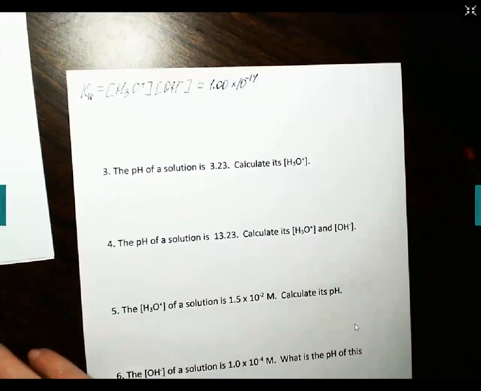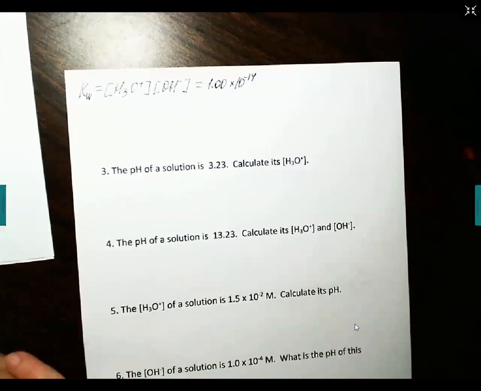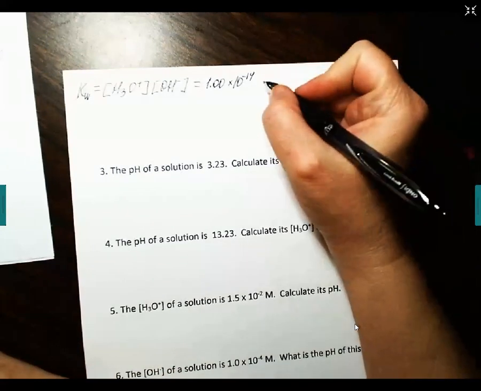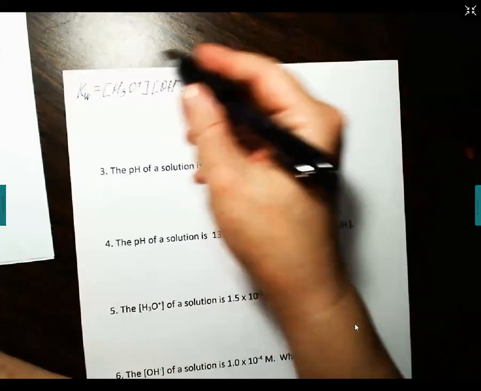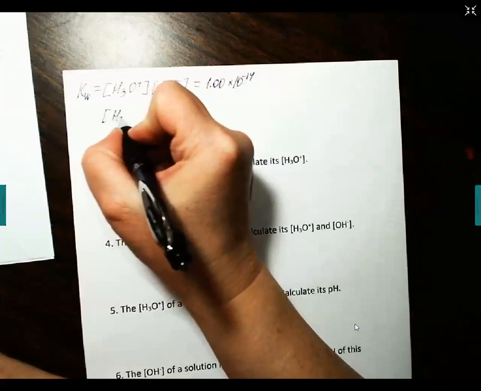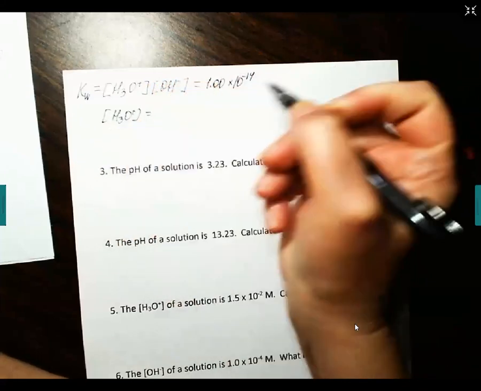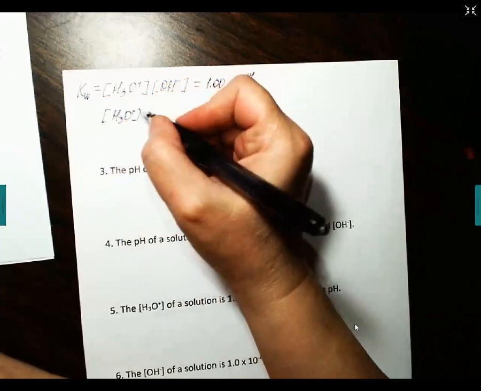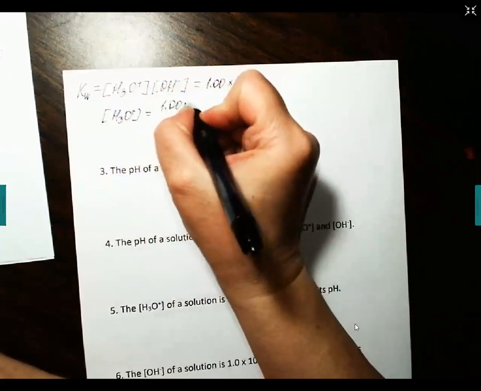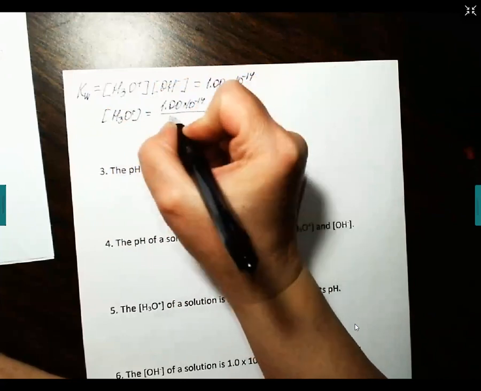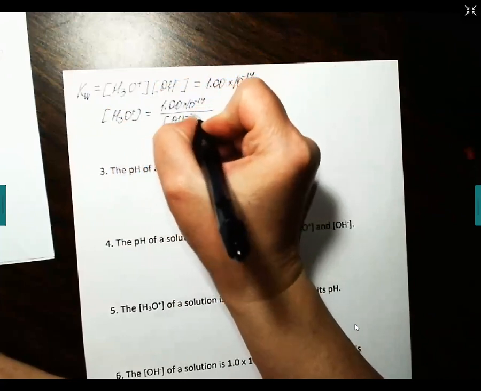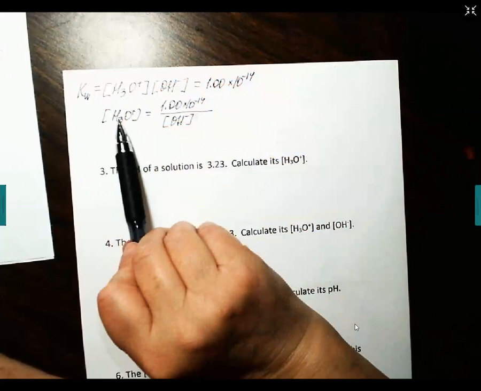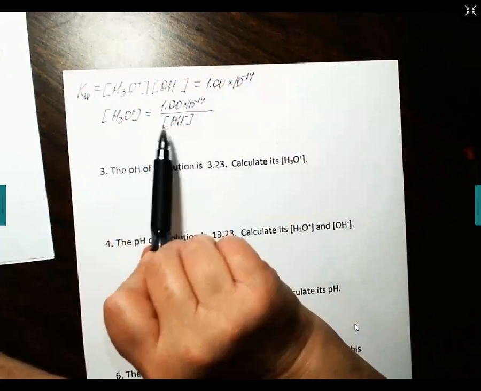So if we have grams per liter, percent, something else, we need to convert it. First thing, we need to convert it to moles per liter. Then, based on this, if we need H3O plus, we can divide water ionization constant by the concentration of hydroxide ion, and we'll get concentration of hydronium ion, or the other way around.